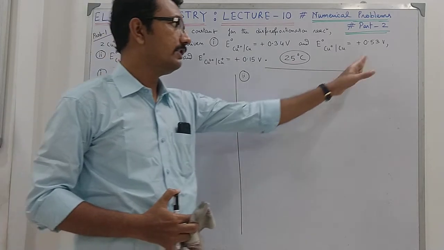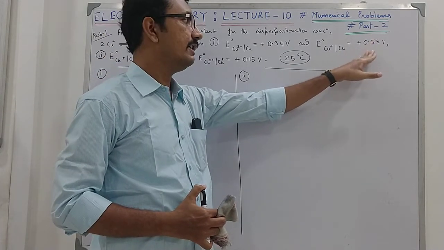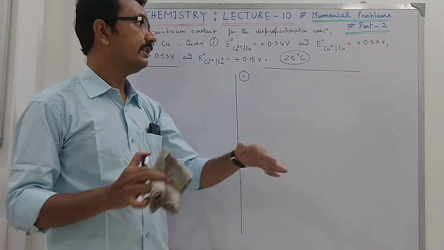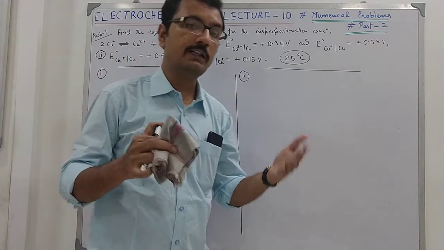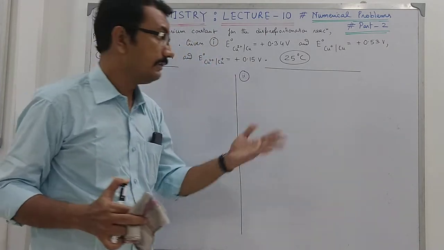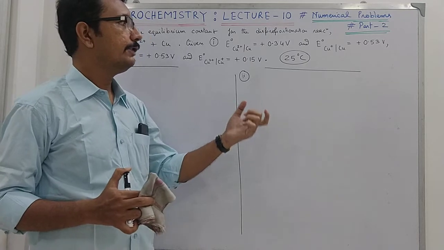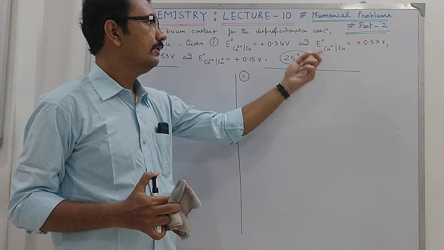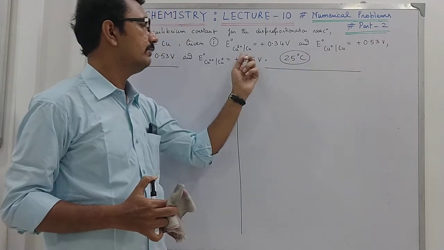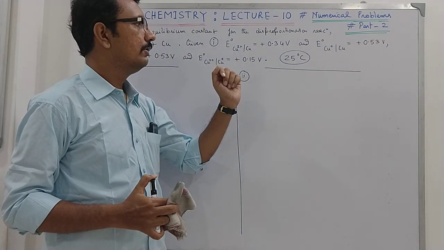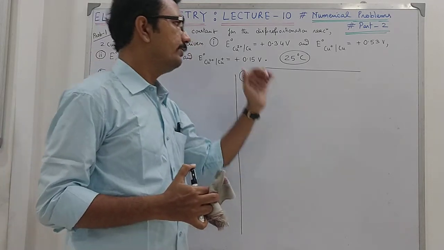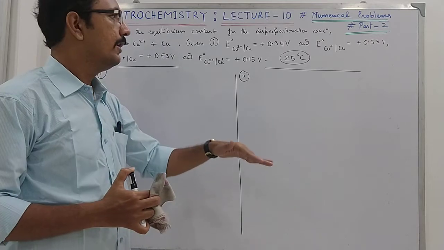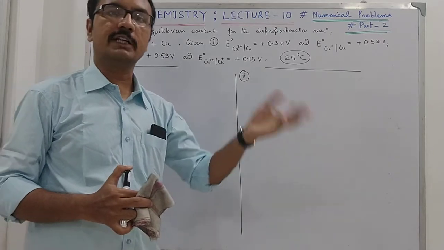Now if the reduction potential is greater, it will have a greater tendency to be reduced. So simple. What does it imply? It implies that it will have a greater tendency to be reduced compared to this. So if we use the reduction format to have the cell reaction, then we have to subtract the anode reaction from the cathode reaction.